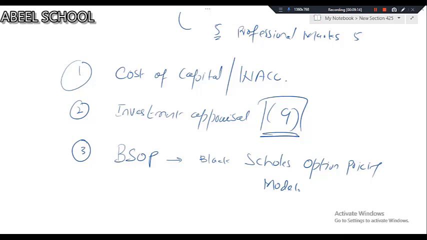For BSOP, students need to have only one skill, and the name of that skill is Excel. So obviously we'll be discussing the entire Black-Scholes option pricing model on Excel. So it is very, very easy. If you have even a little bit of command on Excel, BSOP will never disturb you. So BSOP is an Excel exercise, that's it.